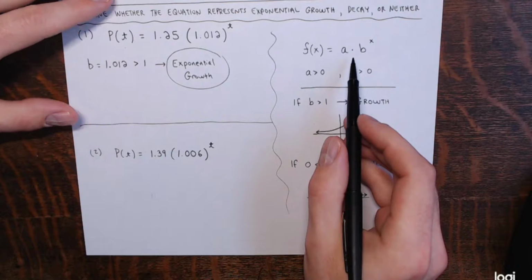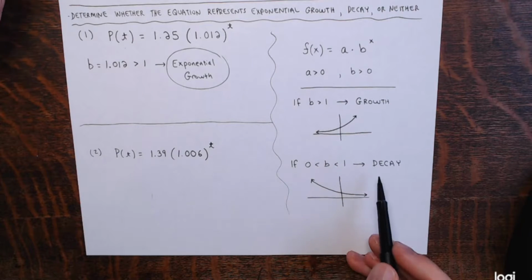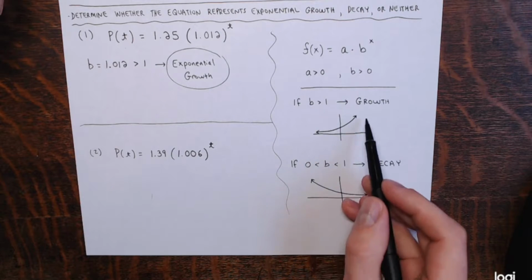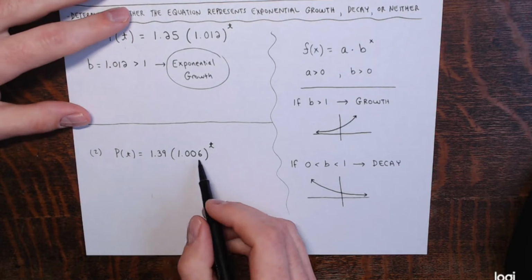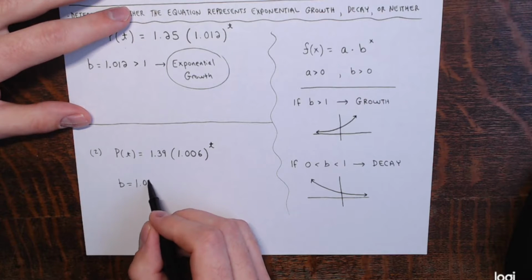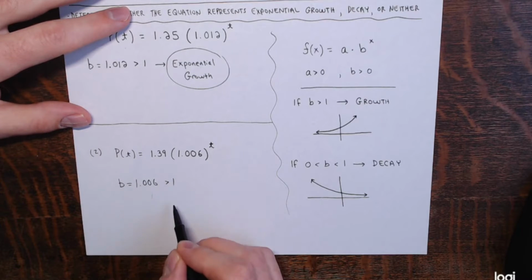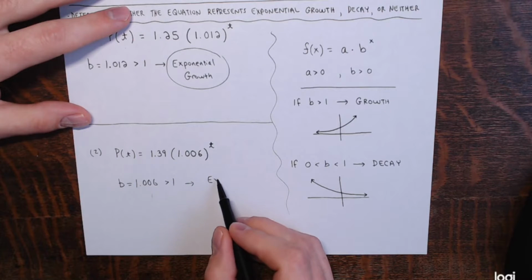So now we just have to decide, is it an exponential growth function or an exponential decay function? Is it increasing as you go from left to right or decreasing? And again, that all depends on the value of b here, which is again greater than 1. So once again we have an exponential growth model.